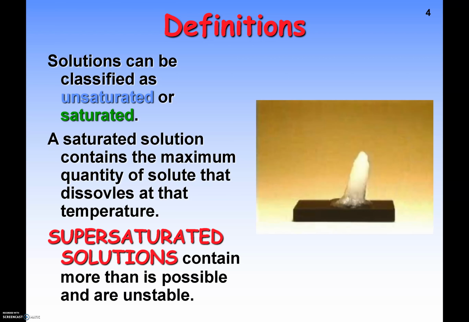In the demo, since you are above the saturation point, when the solution hits seed crystals, that's what those crystals in the bottom of that black plate are called, it instantaneously starts to precipitate and creates that solid. That's what gives it unstable properties, and it ends up precipitating instantly because you're above that saturation point. So there's this other definition called supersaturated solutions, as mentioned.